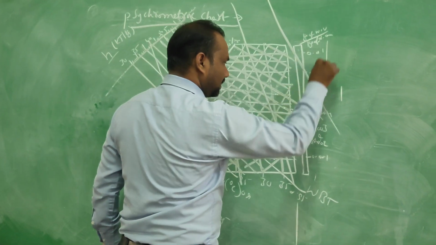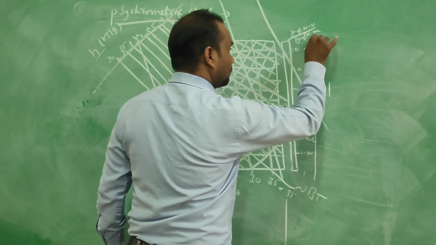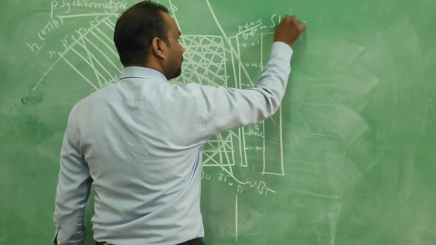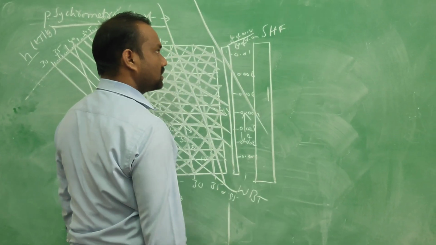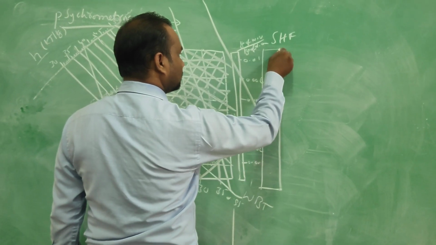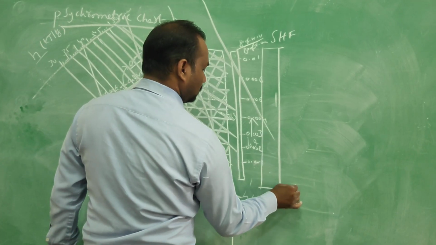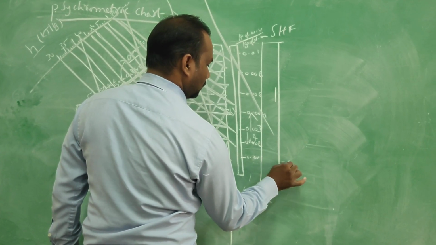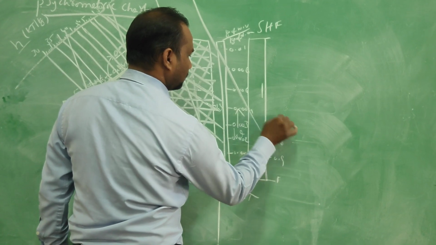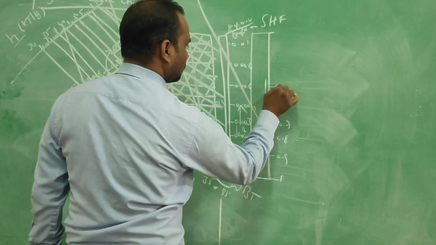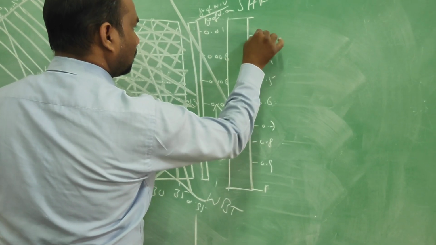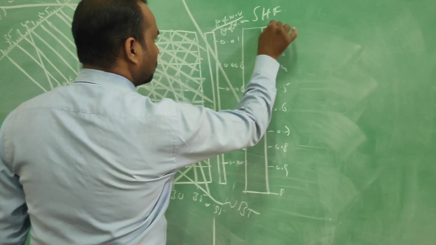On the right hand side of the psychrometric chart, there will be a scale called the sensible heat factor scale, which is given as 0.9, 0.8, 0.7, 0.6, 0.5, 0.4, 0.3, 0.2, 0.1, 0.